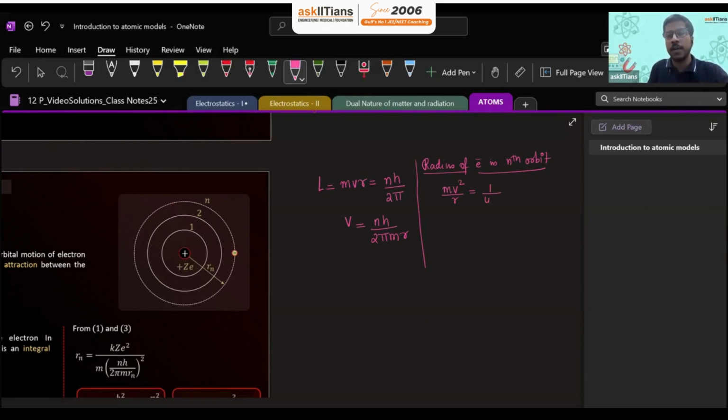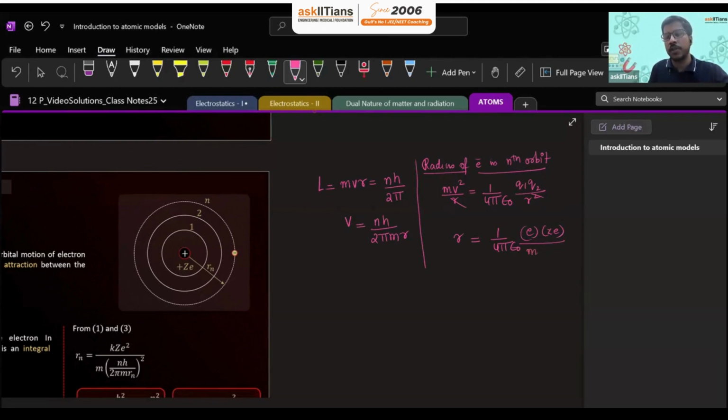That is 1 by 4 pi epsilon naught q1 q2 by r square. Okay, so here one of the r can be cancelled. So this r becomes equal to 1 by 4 pi epsilon naught q1 q2. What is q1 q2? Charge of electron times the charge of nucleus divided by mv square. We are taking the mv square to the other side.